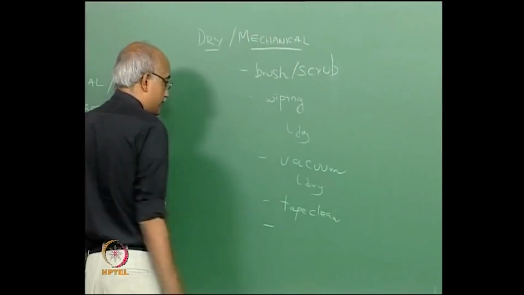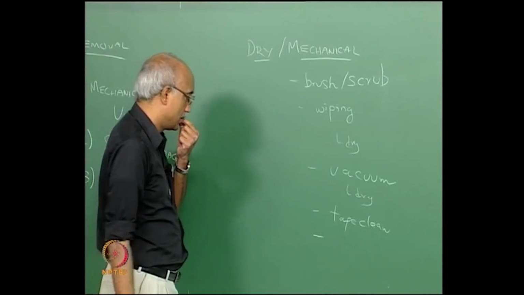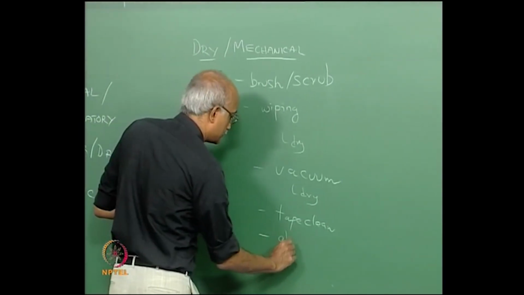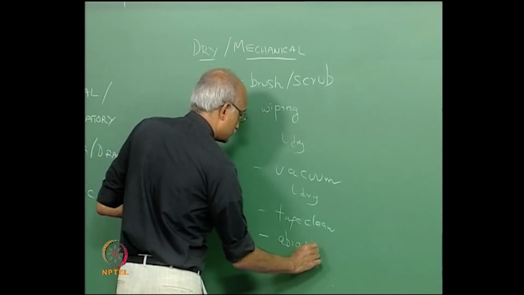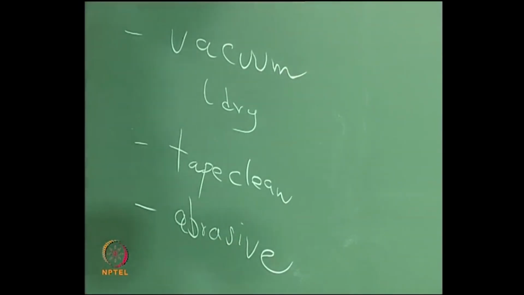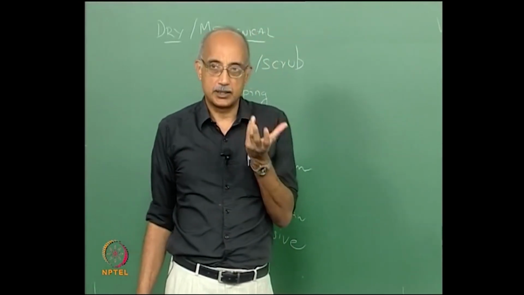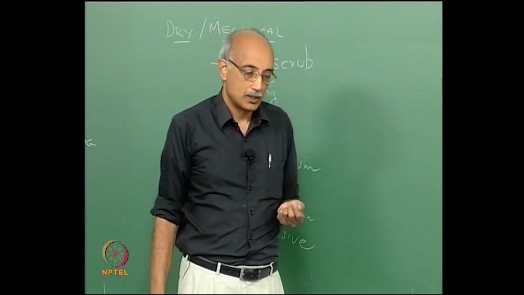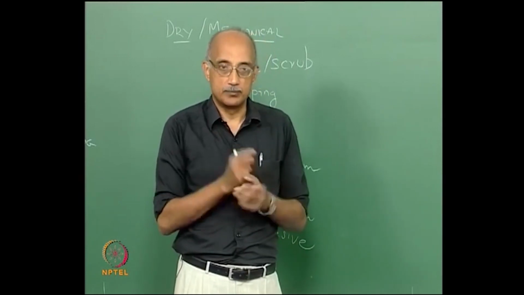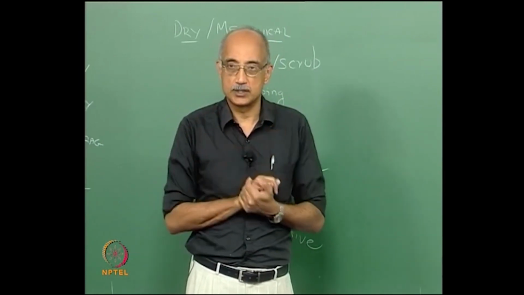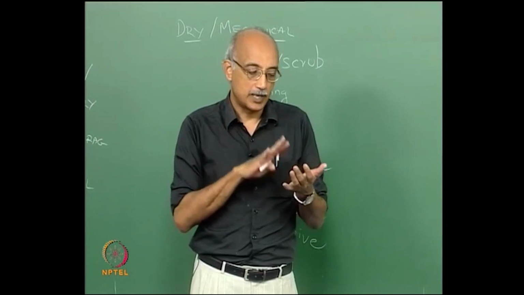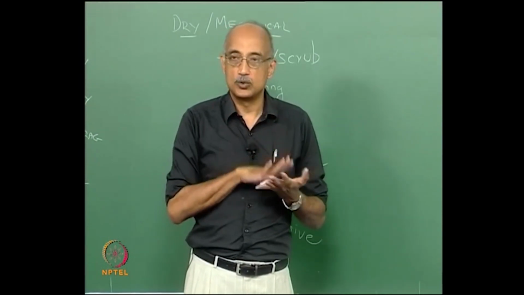Another method of dry cleaning is simple abrasive cleaning. Now, this usually works when you are trying to remove gross material from a surface. For example, if you have a machined part and there are burrs hanging from the surface, then blasting it with an abrasive will remove these burrs.